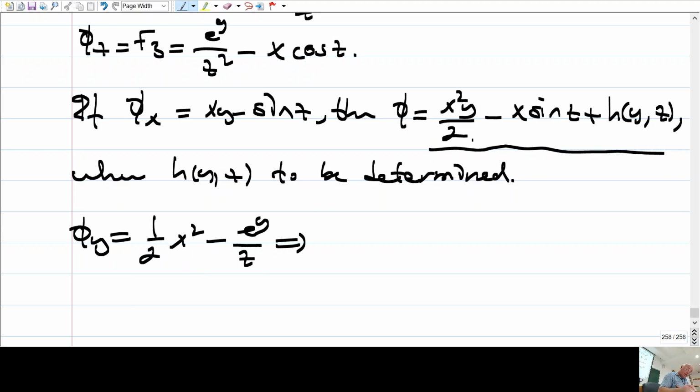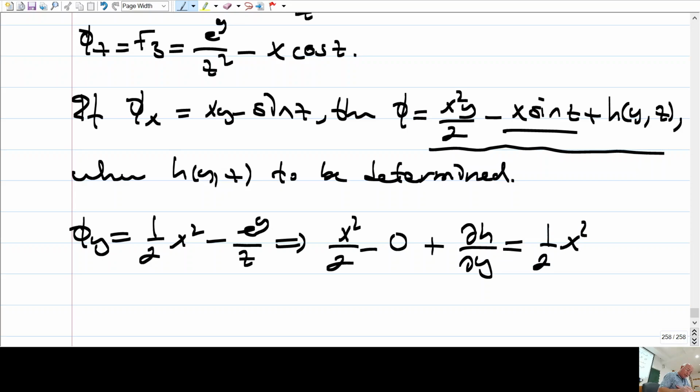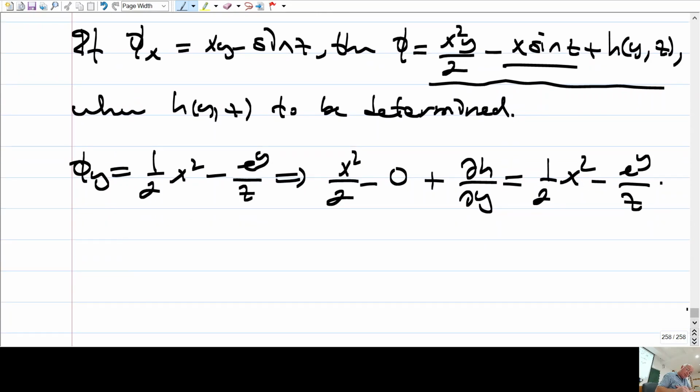The y derivative is just x squared over 2 minus 0 plus the y derivative of h, so del h del y. And this should be equal to 1 over 2 x squared minus e to the power y over z. From this, you see x squared over 2's are cancelled. So we get del h over del y is equal to minus e to the power y over z.